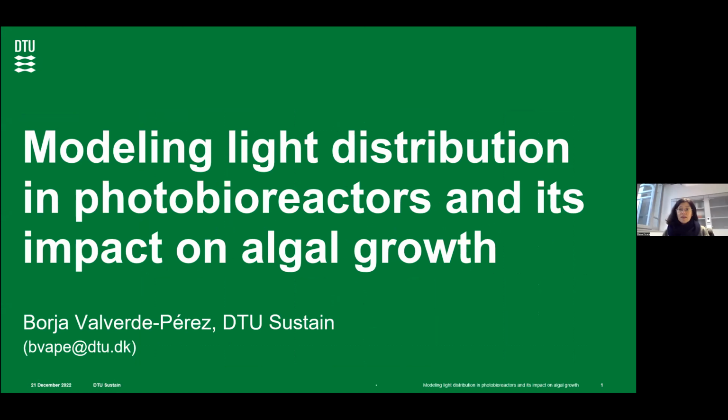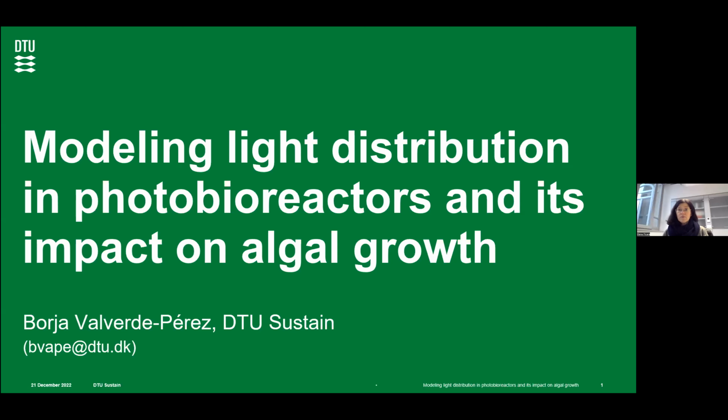Currently, he is appointed as associate professor at DTU Sustain, working on environmental biotechnology and water treatment, combining both empirical studies at laboratory and full scale with modeling tools for process design, optimization, control, and sustainability assessment. So thank you, Borja, for being with us, and the floor is yours.